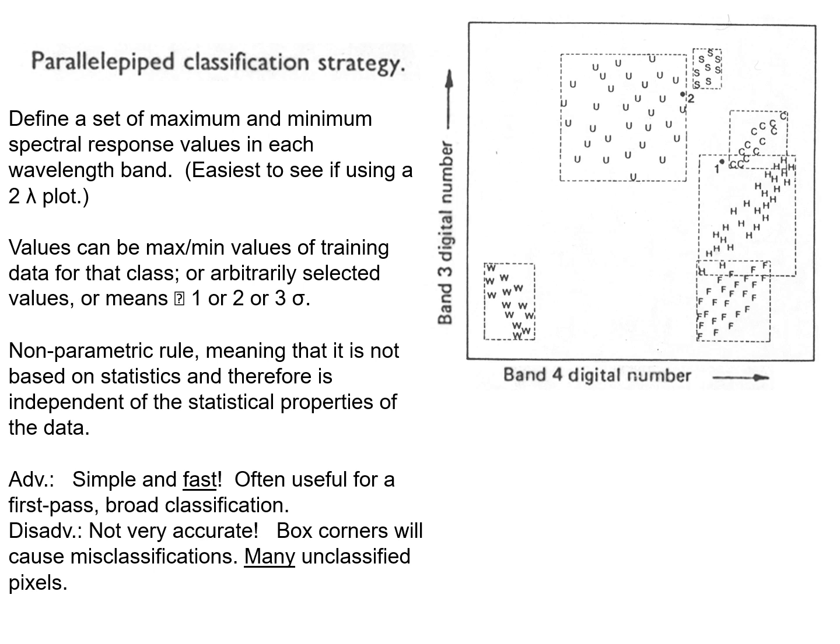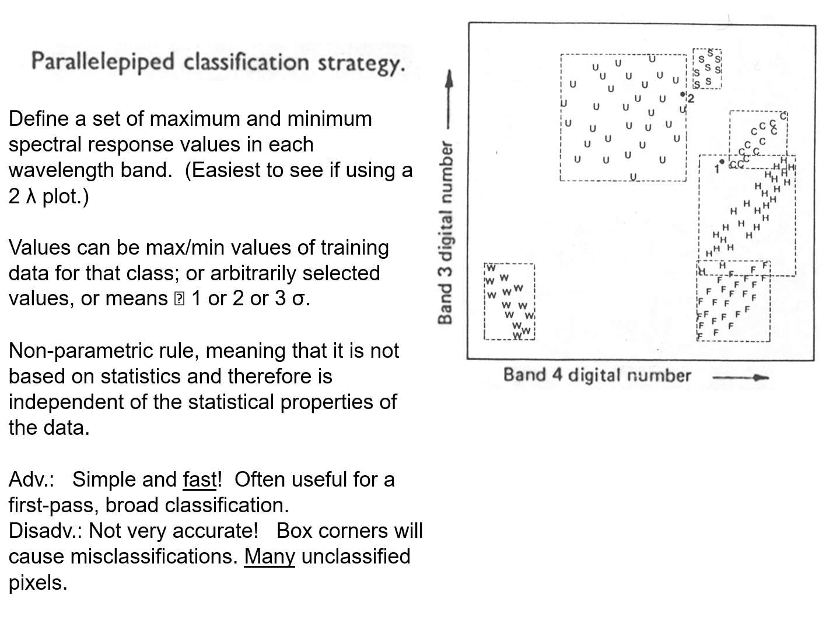Okay. The advantage is it's simple and it's fast, right? All you're doing is saying, okay, we're going to define everything within a particular box as urban or sand or hay or forest. And if, like with point 2, it falls within the box of urban, then that's what it is.